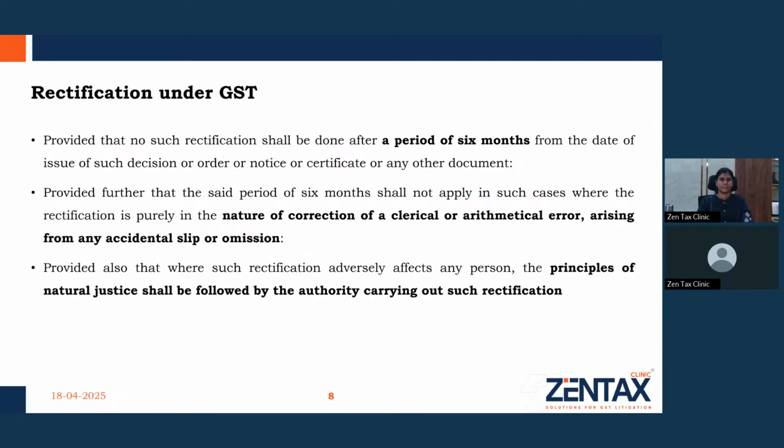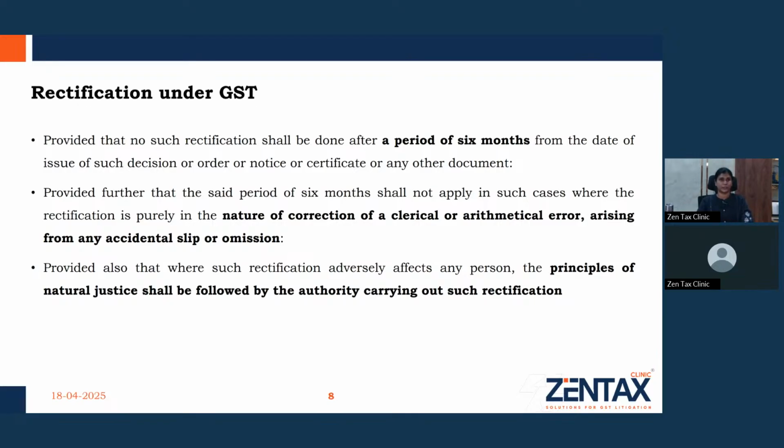Further, this section provides that no rectification shall be done after a period of 6 months from the date of issue of such decision or order or notice or certificate or any other document. The officer cannot rectify their order after a period of 6 months from the date of issue of such decision.